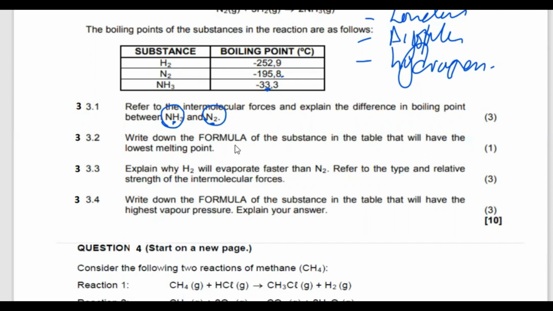We said that hydrogen bonds are stronger than dipole-dipole, and dipole-dipole are stronger than London forces. A hydrogen bond can only form when there is hydrogen and a highly electronegative element or atom. When you look at nitrogen and nitrogen, can it be a hydrogen bond?